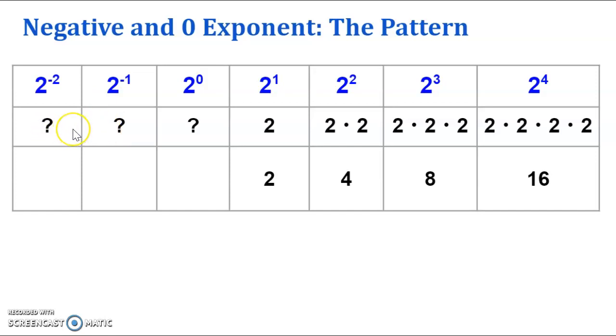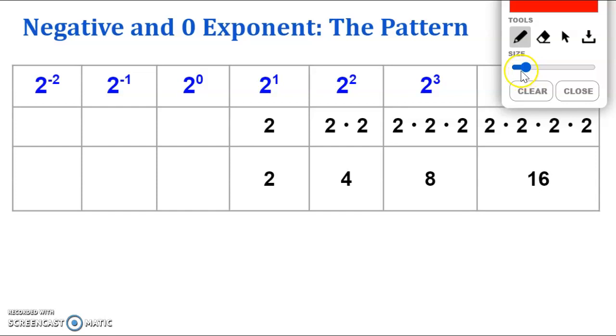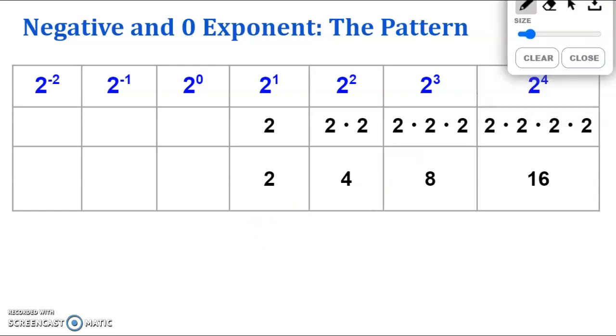Okay, so to explore this, we're going to look for patterns. So let me get my pen. What do you think happened to 2 to get to 4, or 4 to get to 8, and 8 to get to 16?